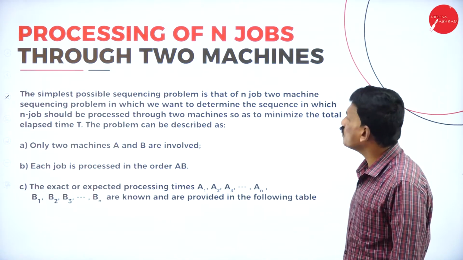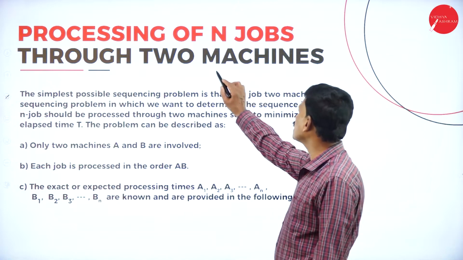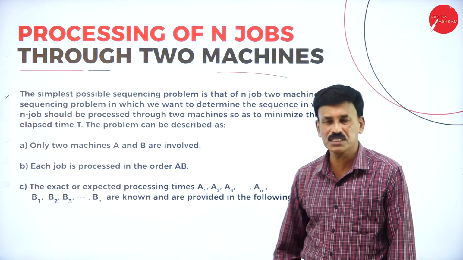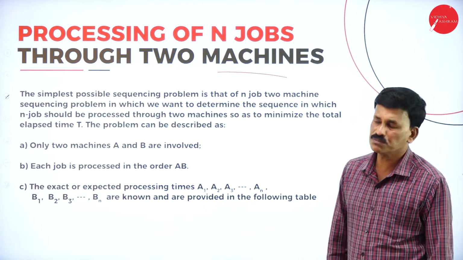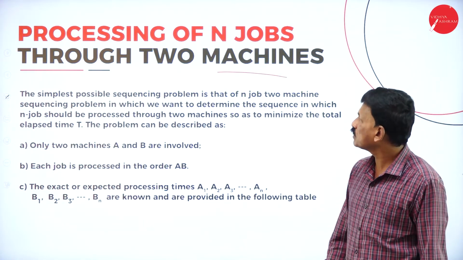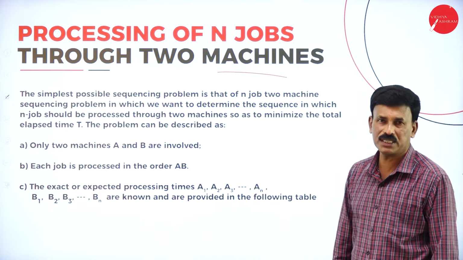Now, the process of n jobs through two machines. This is an important concept. In the examination, you will get this type of problem: processing a number of jobs through two machines, M1 and M2.